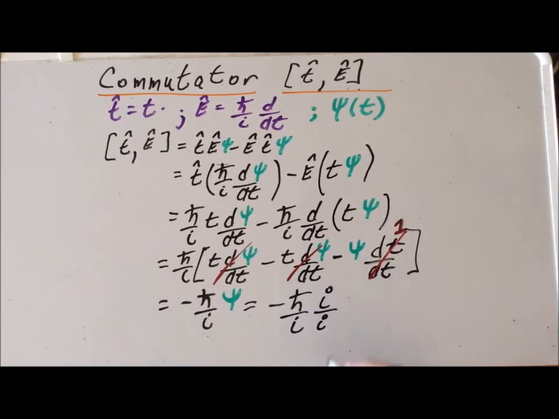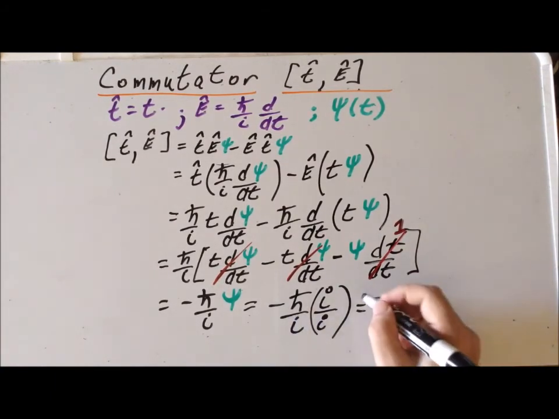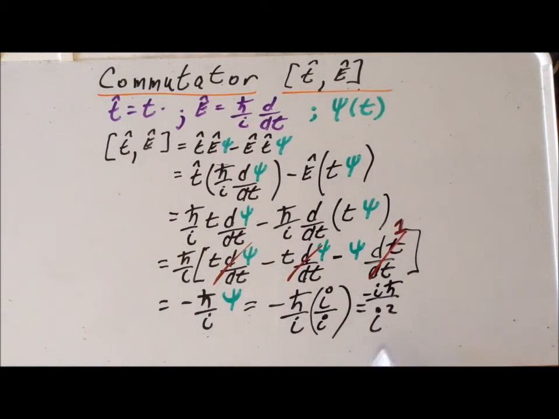Well, what do we get if we do that? The denominator is going to be i squared, and the numerator is going to be minus i h bar. Well, what does i squared equal? i squared is equal to minus 1. So if we interpret that value as minus 1, we can simplify the entire expression to be i times h bar.